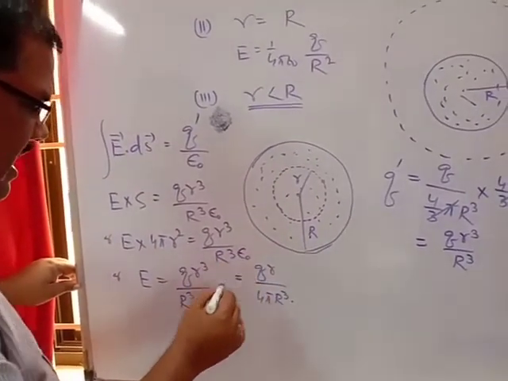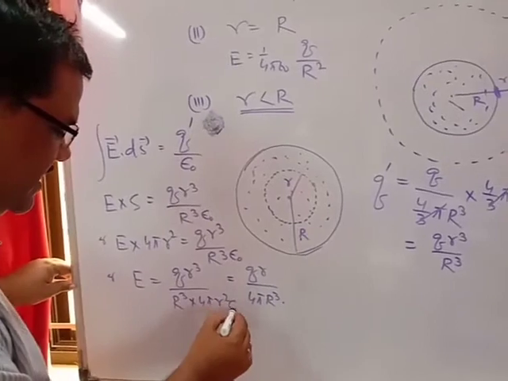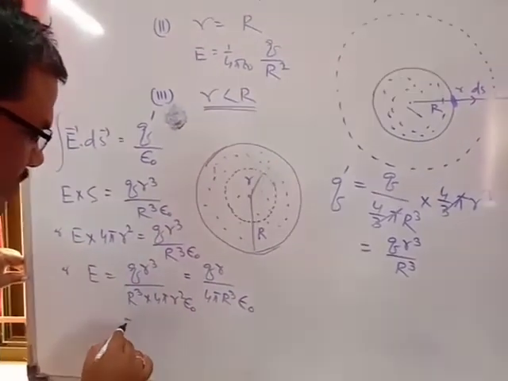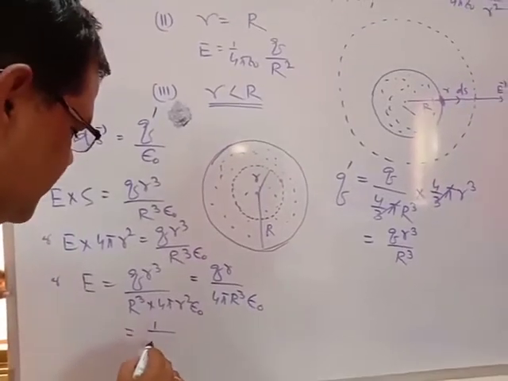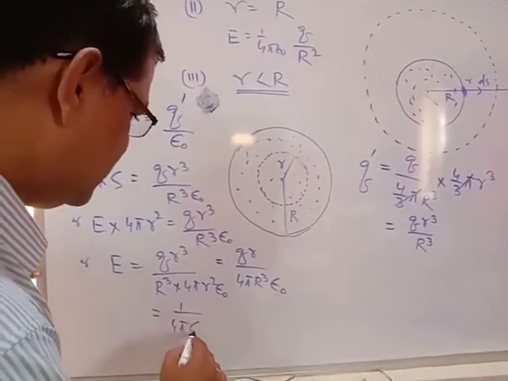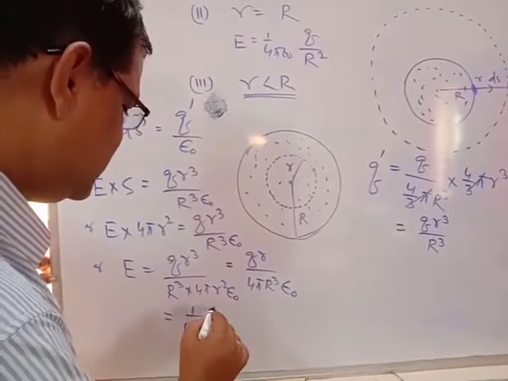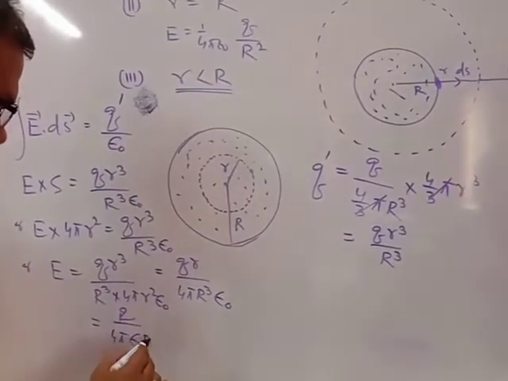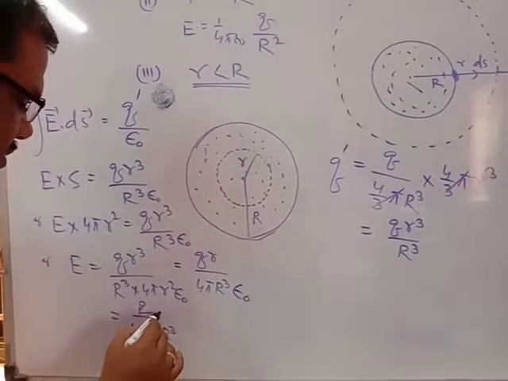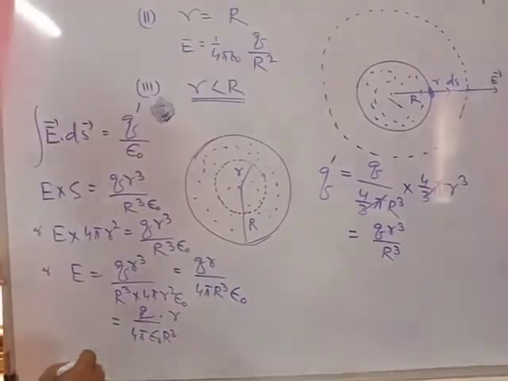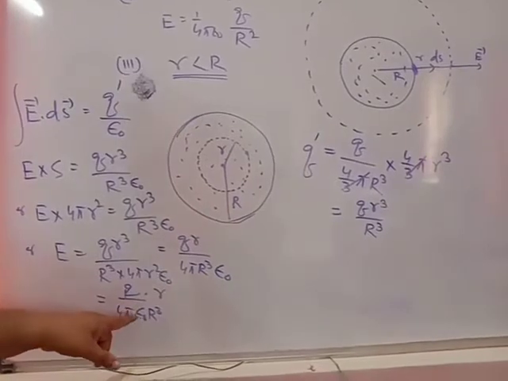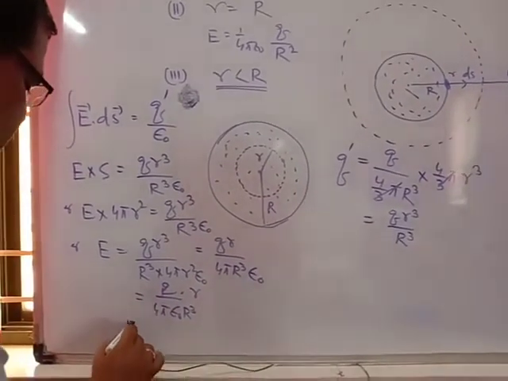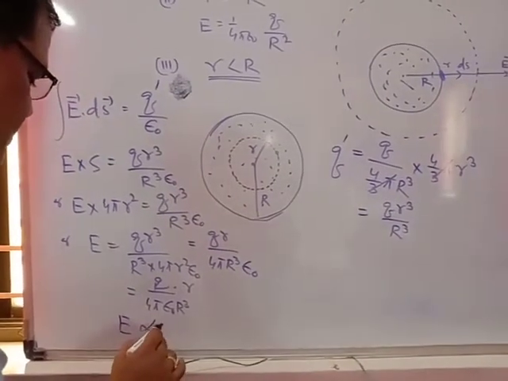So this equals 1 upon 4 pi epsilon naught, Q upon capital R cube, into small r. Here Q and R are constant, and the electric field intensity in this case is directly proportional to r.